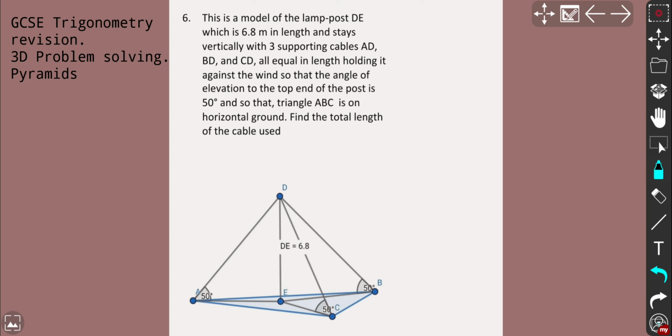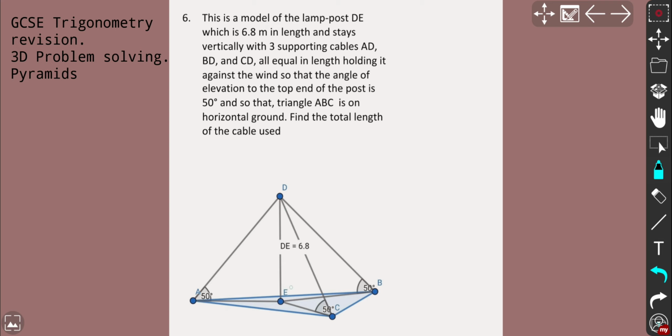So let's consider. Applying trigonometry to 3D is always about looking for flat triangles. In this case, you need to find triangles that will give you the ratio, so you can apply the ratio there and find unknowns. So what do we need to find? We need to find the length of any cable, because all cables are the same, so triangle ABC is going to be equilateral, right?